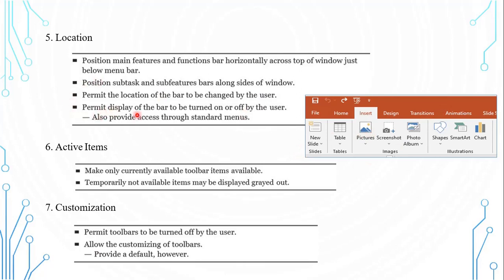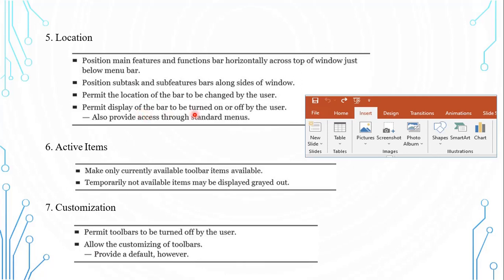And next, permit display of the bar to be turned on or off by the user. You can turn the toolbar off or on. If you are a user interface designer, you have to permit the display of the bar to be turned on or off by the user. Also provide access through standard menus.